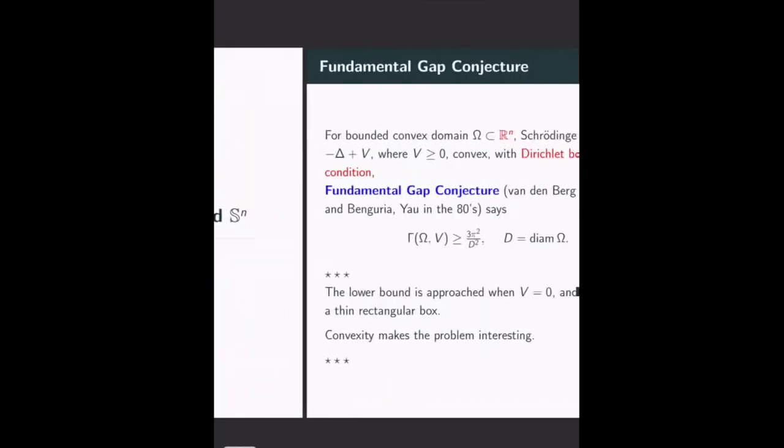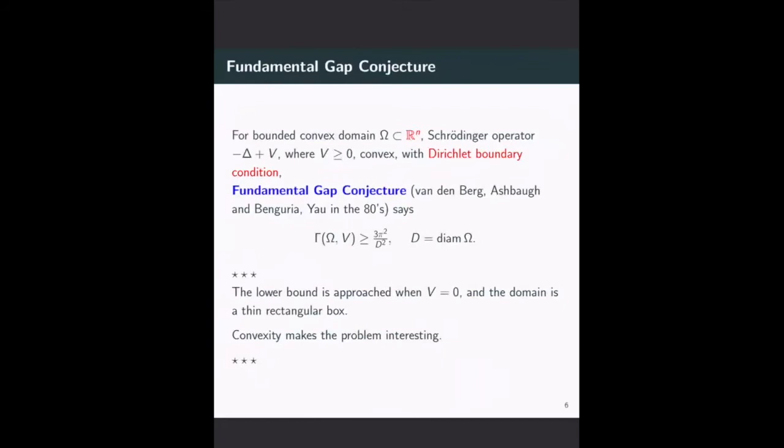So here are some results and conjecture about convex domain in Rn and Sn. So we're going to look at bounded convex domain in Rn. I will talk a little bit about why we need convexity to make the problem interesting. A lot of the results are about Schrödinger operator, which is slightly more general than just Laplace. So it's Laplace plus the potential V, where V is non-negative and convex, with Dirichlet boundary condition.